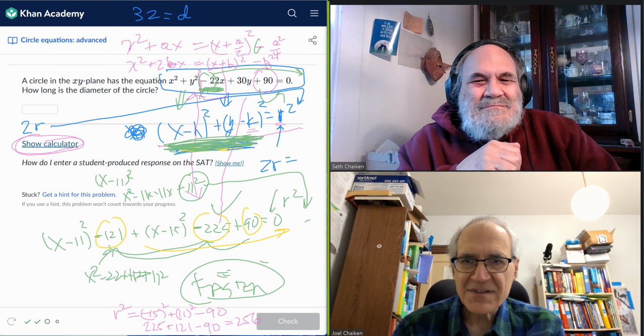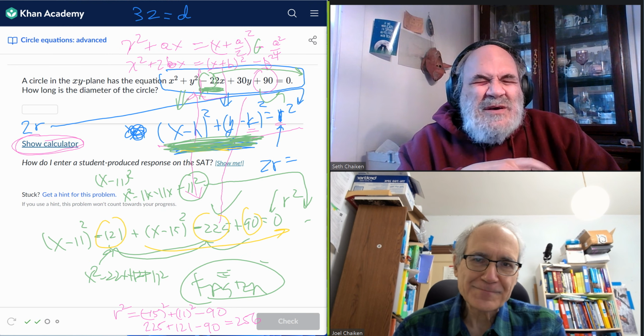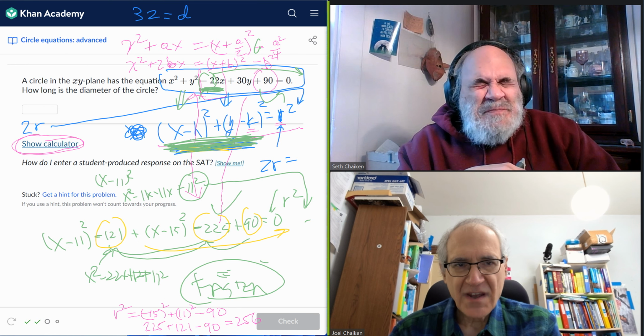So, let's see how they did it. We have two approaches. One is this principle of equating coefficients, which is really powerful.